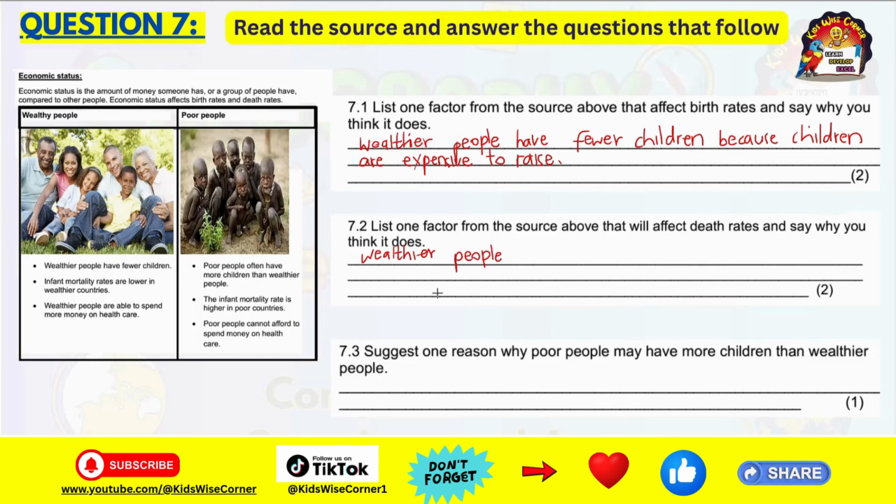So we're saying wealthier people can spend more money on health care. So death rates are lower.